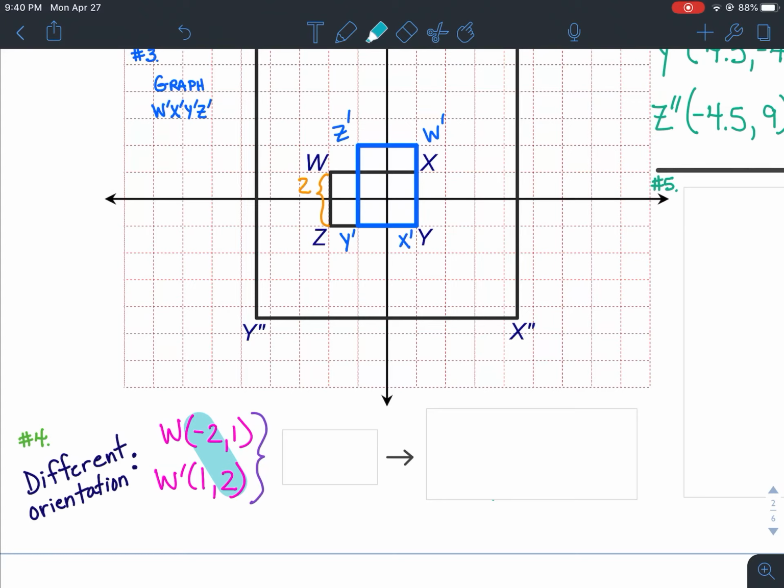Our x-coordinate is the opposite, and here, it stayed the same. So that means that the rotation looks like y, opposite of x. The y coordinate moved first, and then we took the opposite of the x coordinate for the second coordinate. So again, it looks like it is y and then the opposite of x.